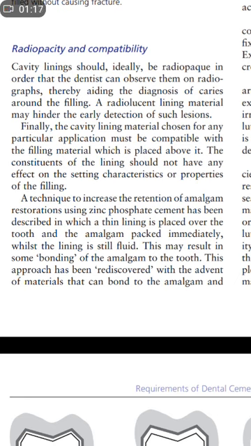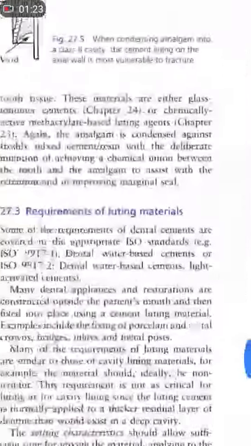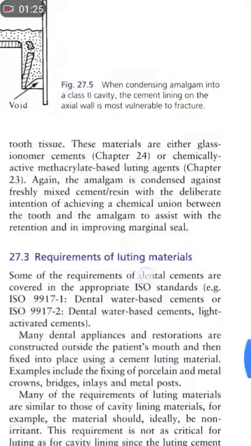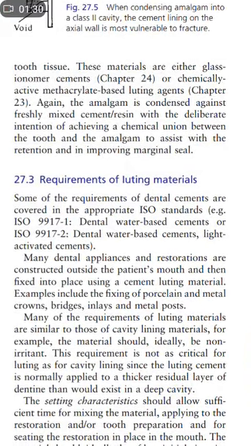This approach has been rediscovered with the advent of materials that can be bound to the amalgam and tooth tissue. These materials are either glass ionomer cements or chemically active methacrylate based luting agents.